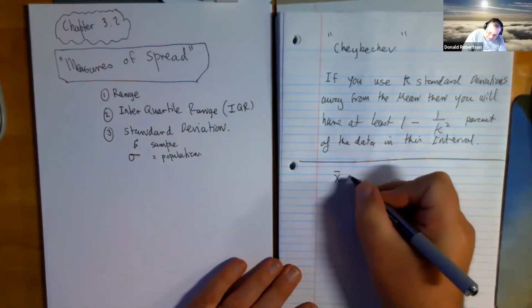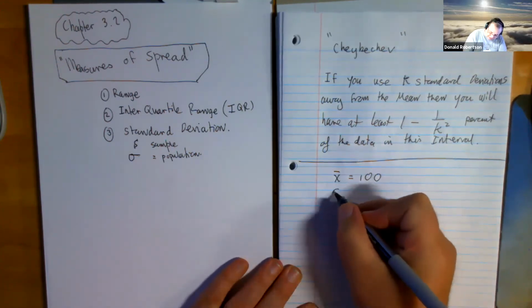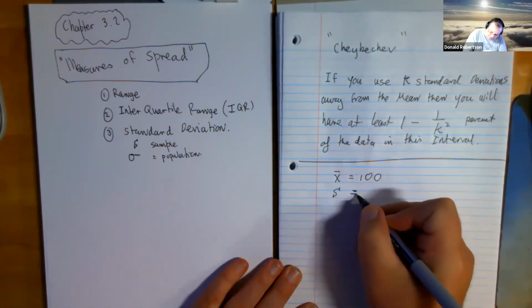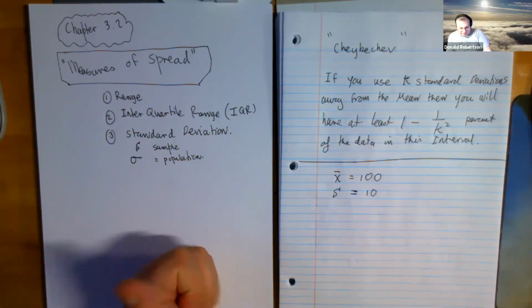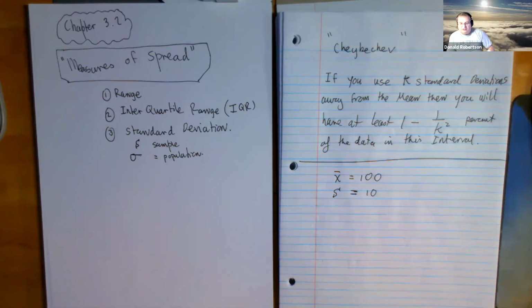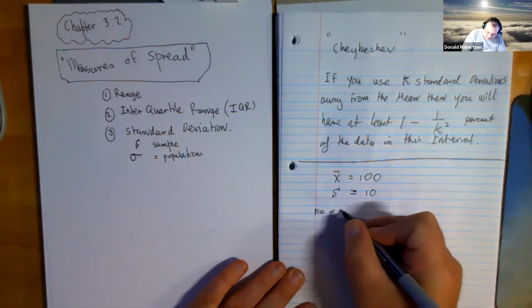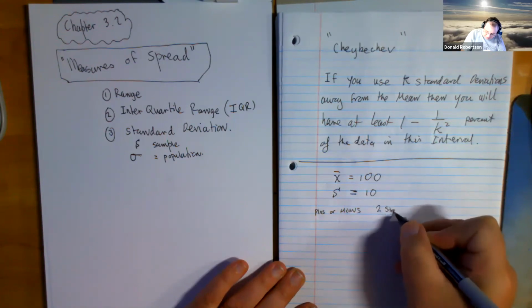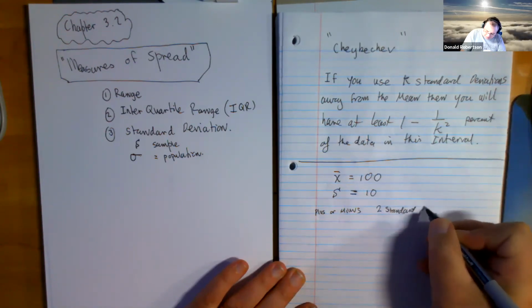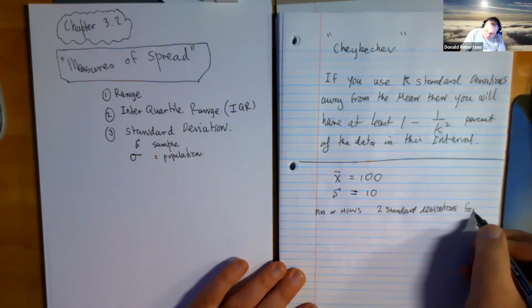Suppose we take the IQ of a lot of Americans, and the mean IQ is 100, and the standard deviation is 10, which is actually very accurate because that's typically what it is in most countries. Right. So far, so good. Mean is 100, standard deviation is 10. Suppose I wanted to go plus or minus 2 standard deviations from the mean.